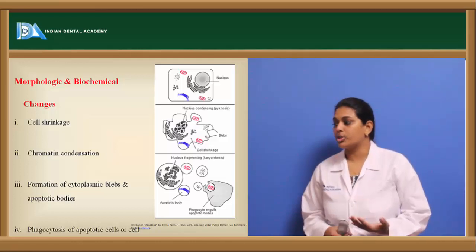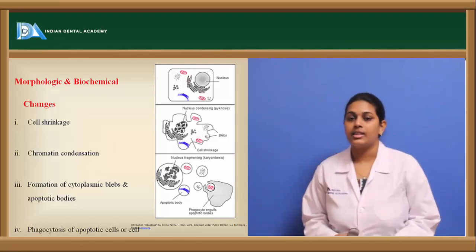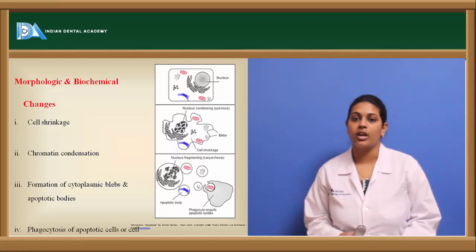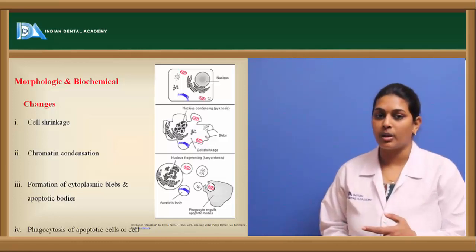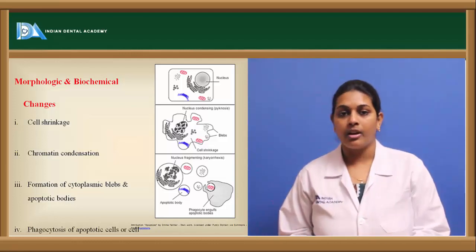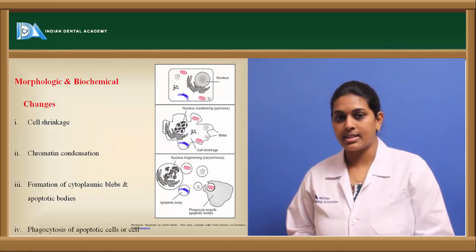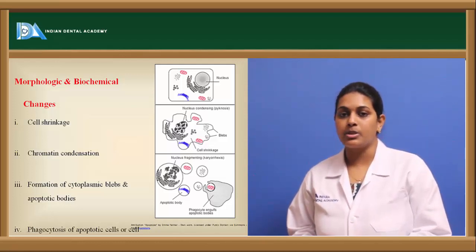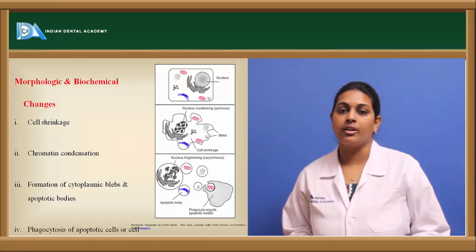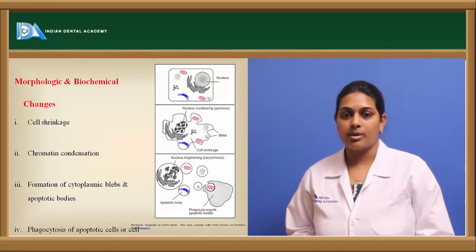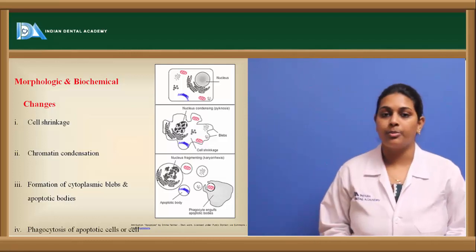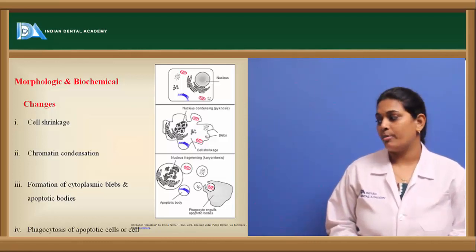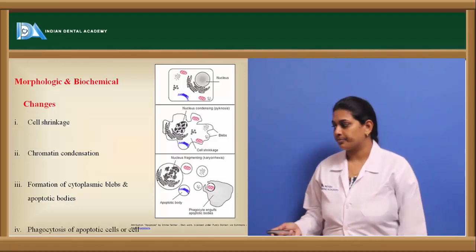Then there will be formation of cytoplasmic blebs, where the cellular debris or the cell organelles get accumulated and are cut off from the remaining cell. These detached blebs are known as apoptotic bodies. These apoptotic bodies are further phagocytosed by the phagocytic cells.